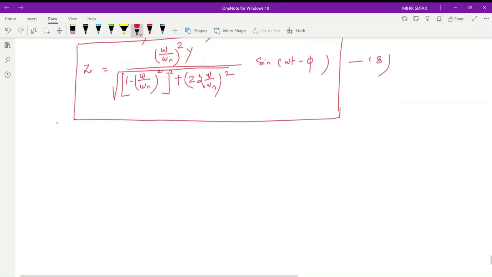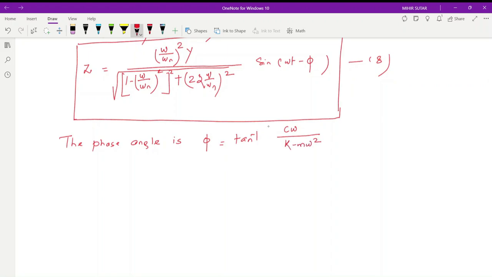Now the phase angle is phi, which is equal to tan inverse of c omega divided by (k minus m omega square).